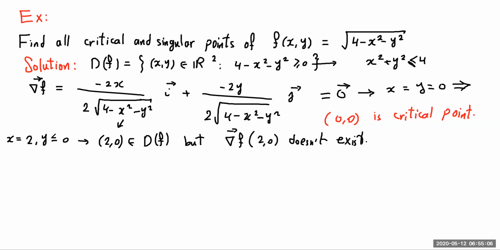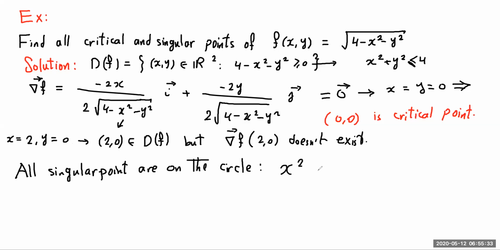So this point is singular. So all singular points are on the circle x² plus y² equal 4, the circle of center (0,0) and radius 2.